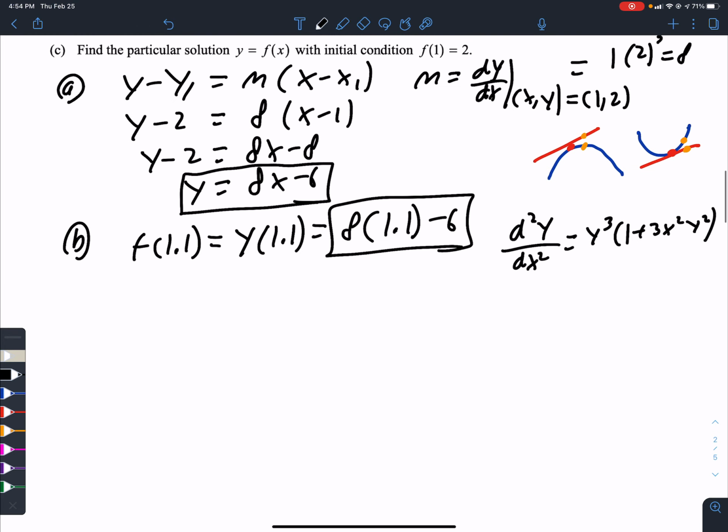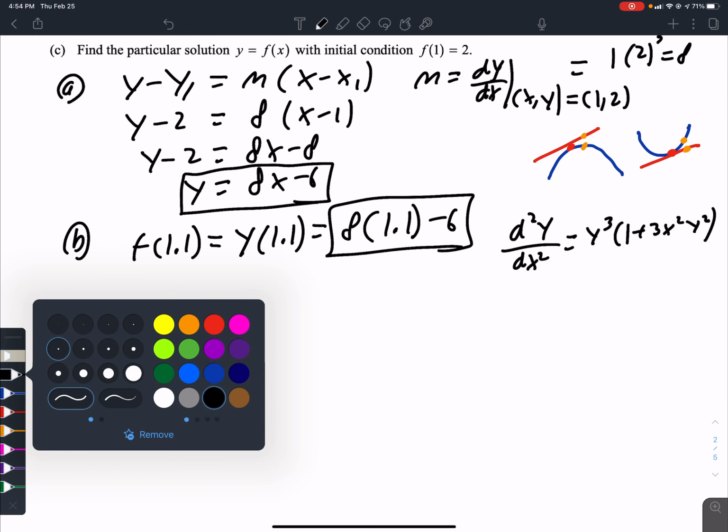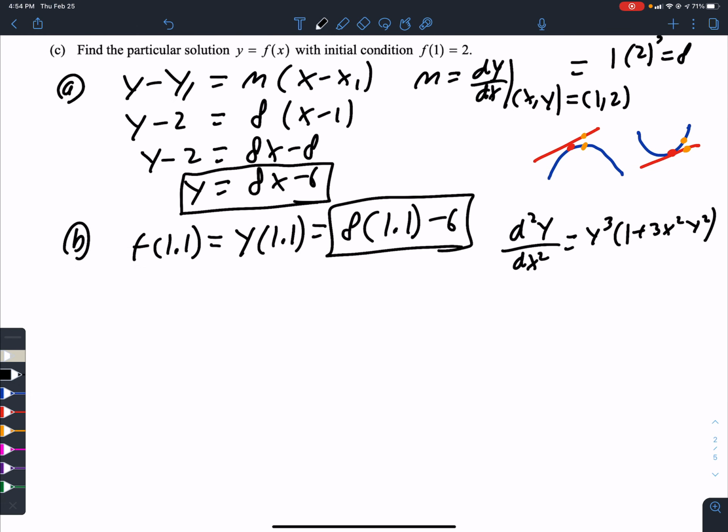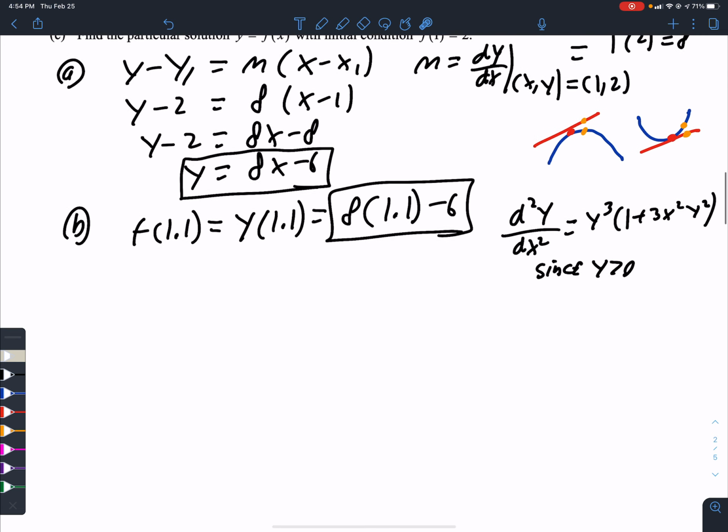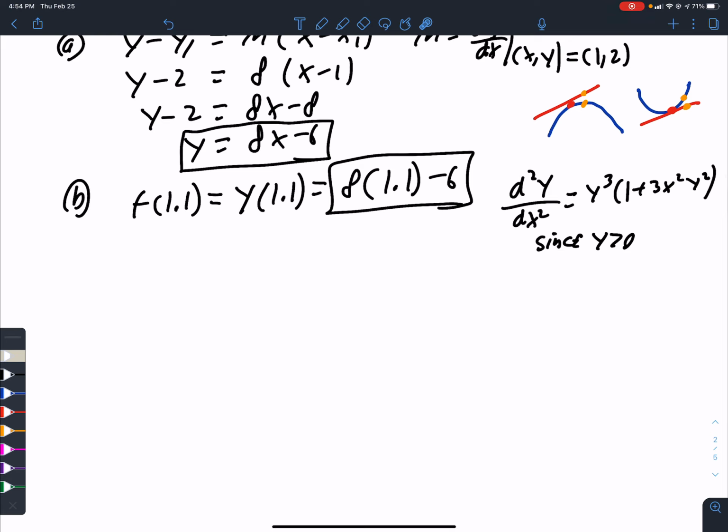Now here's our observation. Since y is always positive, how do we know that? Because they told us the function's always positive, so the y value is always positive, and 1 plus 3x squared y squared is always positive, right?